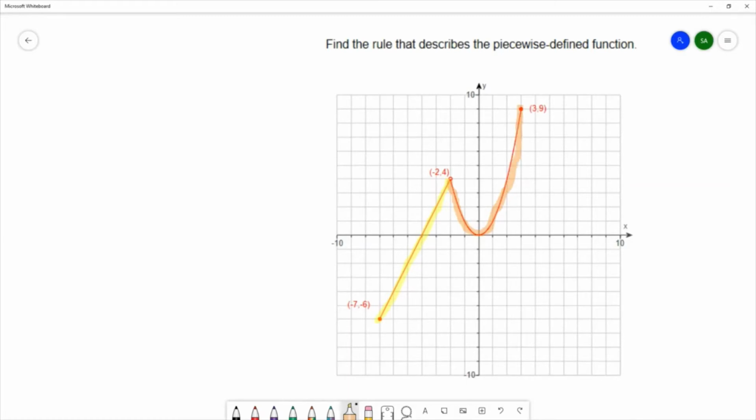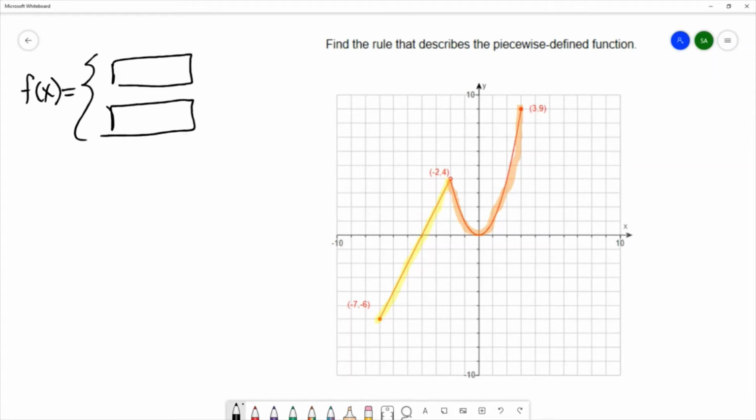So I'm going to have a piecewise defined function that has two equations, and then along with those equations we'll have some conditions. So let's start with the conditions.